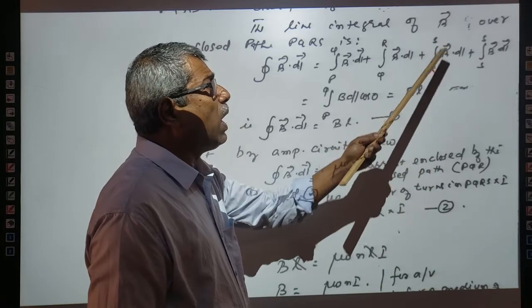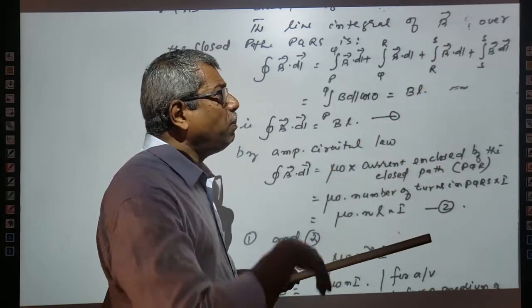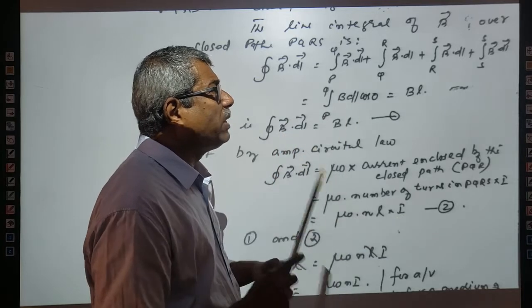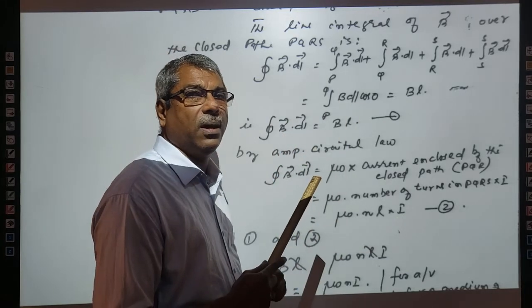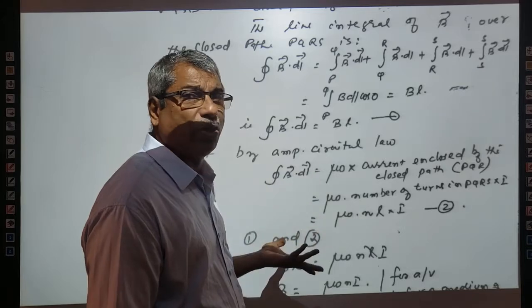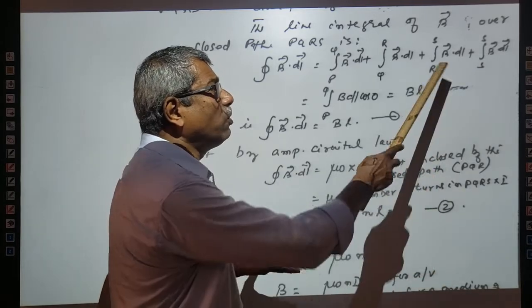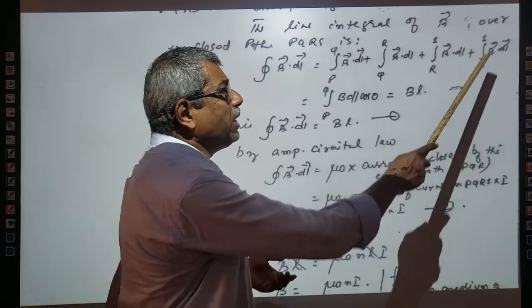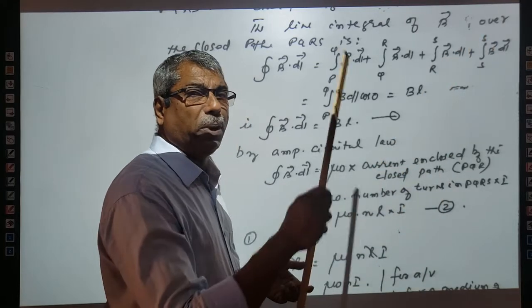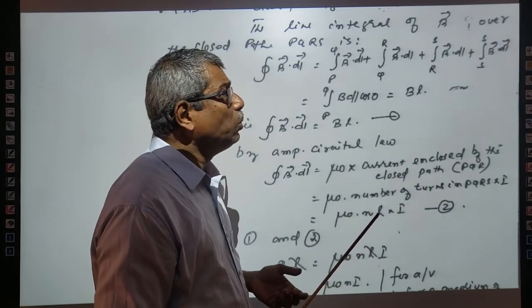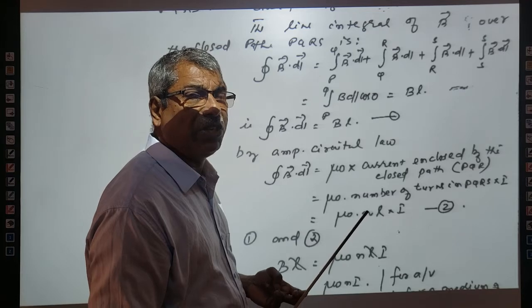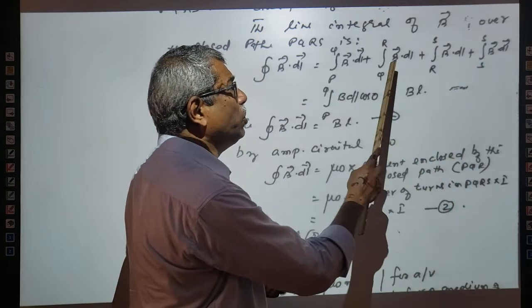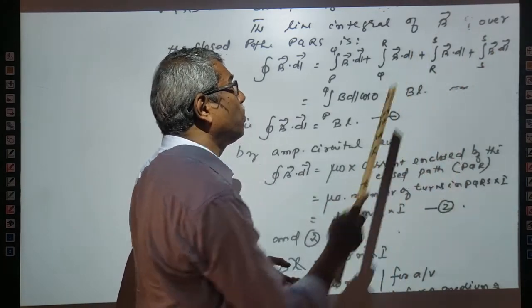This one is R to S, a part of the closed path that is outside the solenoid. Outside the solenoid also the intensity of magnetic field is 0. Therefore, this also is 0. And again, S to P is perpendicular to the magnetic field direction. This also is 0. So this is 0, this is 0, this is 0.